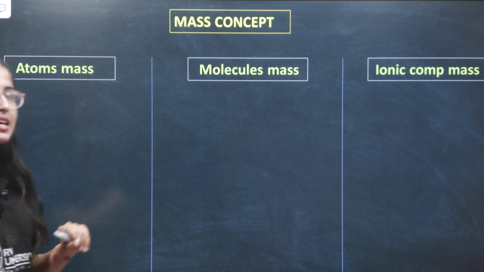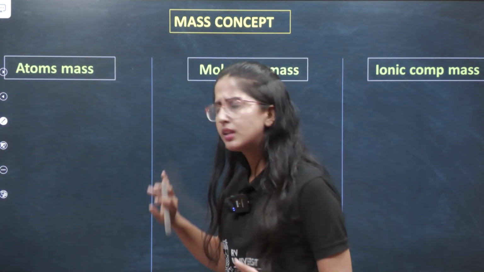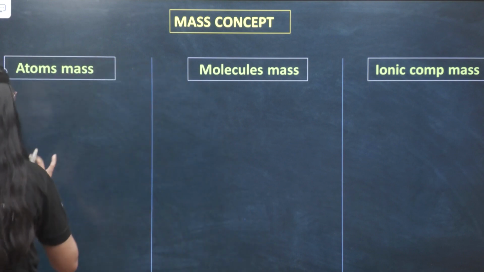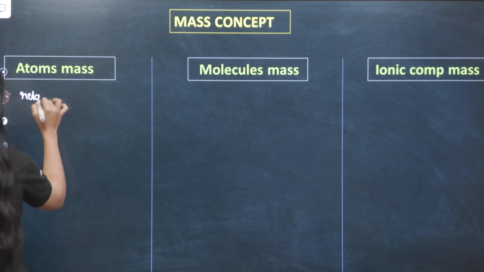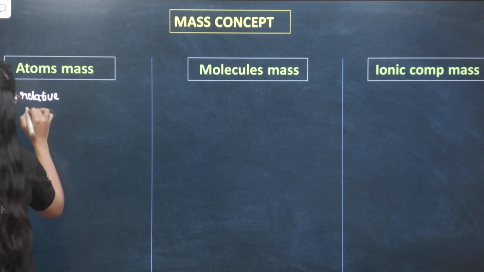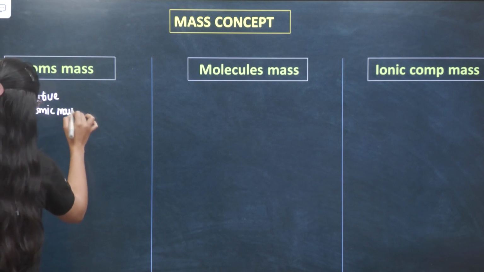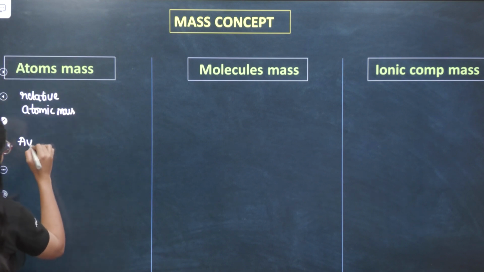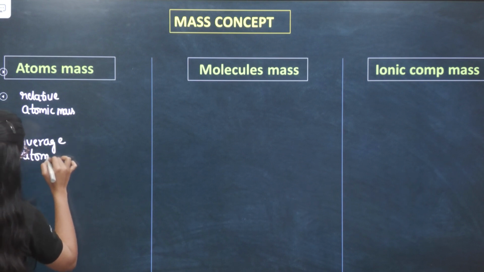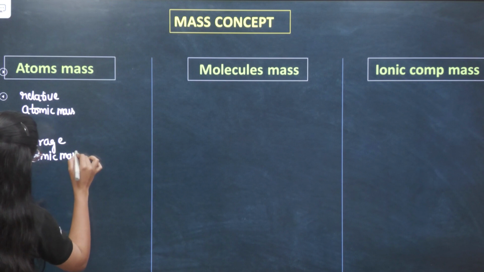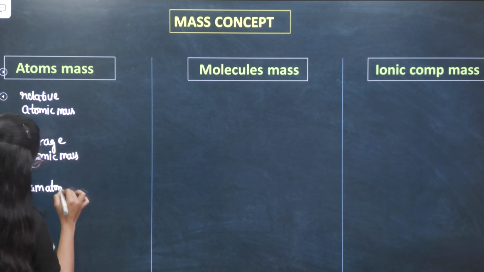The first one is atomic mass. If you have an atom, its mass is atomic mass. There are three different ways to calculate atomic mass. The first is relative atomic mass, then average atomic mass, then gram atomic mass.